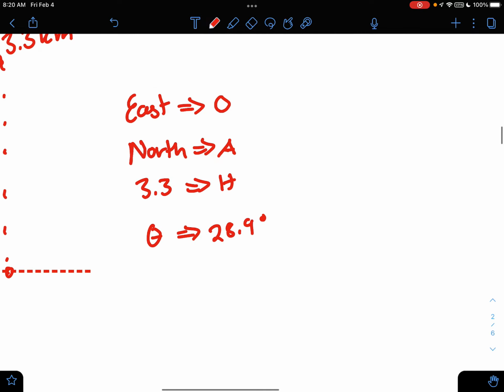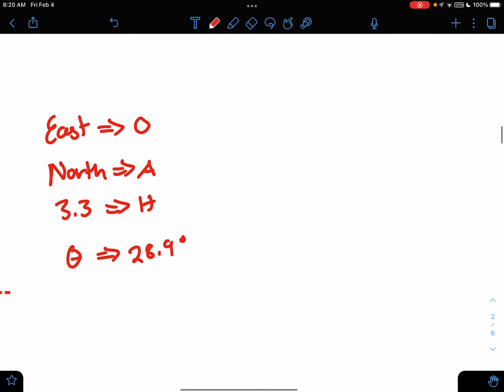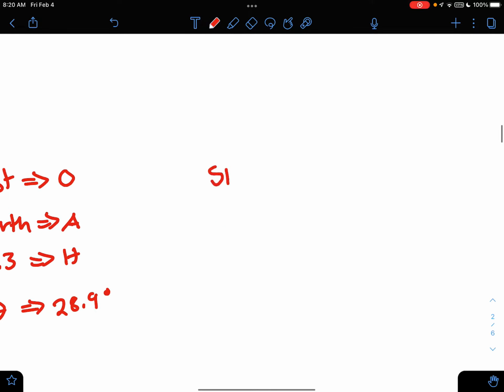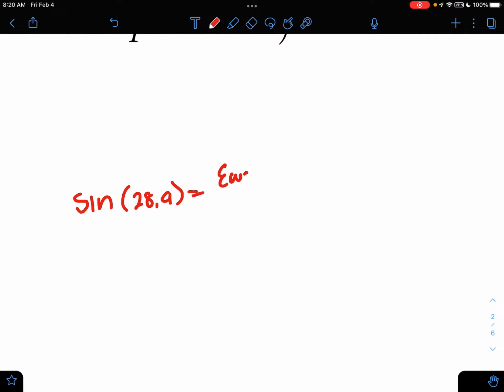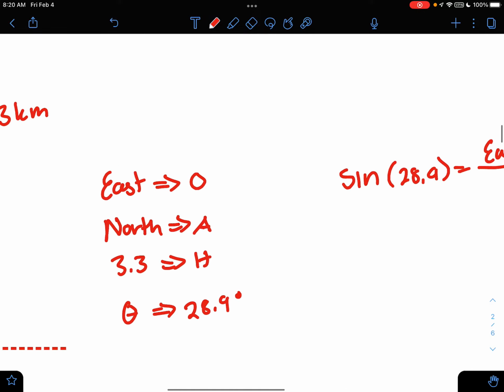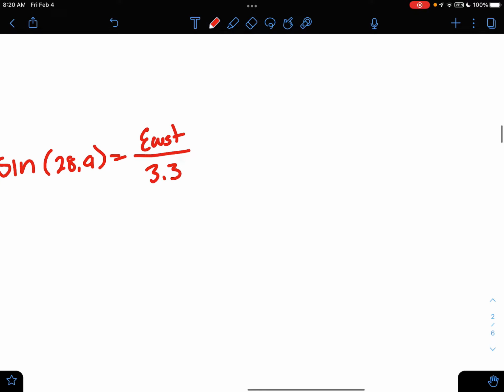So if we want to find out how far east, we're going to use our SOHCAHTOA. Sine of our 28.9 is going to equal opposite, east, over hypotenuse, 3.3.